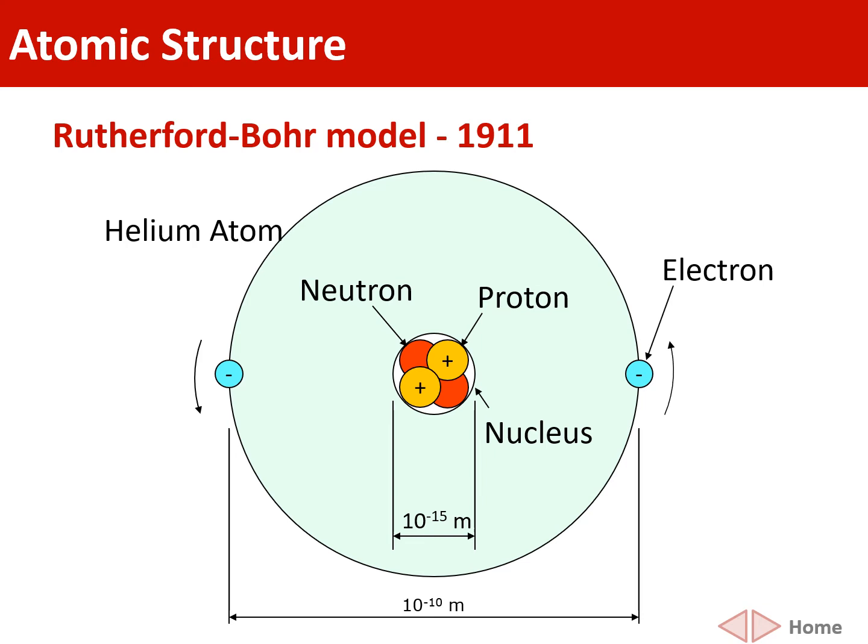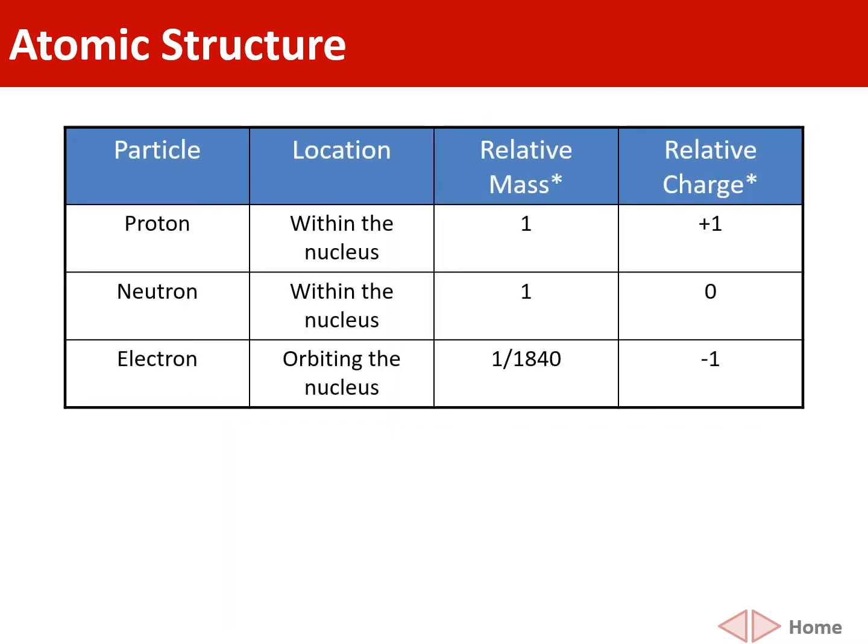Now, we also know that the electrons are very much lighter than the protons and the neutrons. This is all stuff that should be familiar to you. We know that the proton and the neutron have a relative mass of about 1, whereas an electron is we're going to say 1 over 1,840. So about 1/2000th of the mass of a proton or neutron.